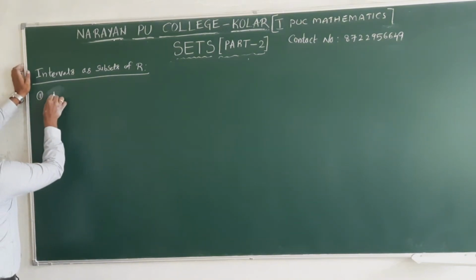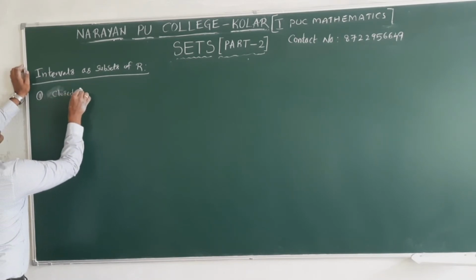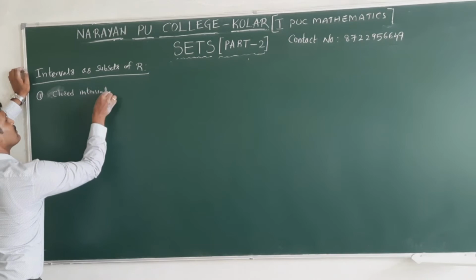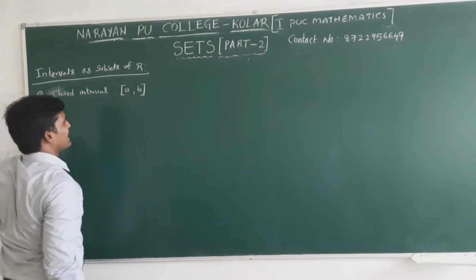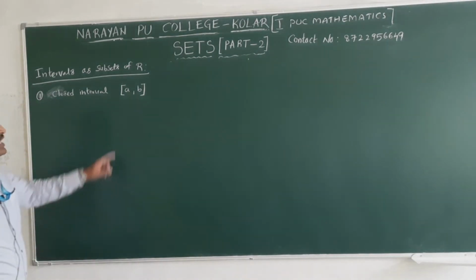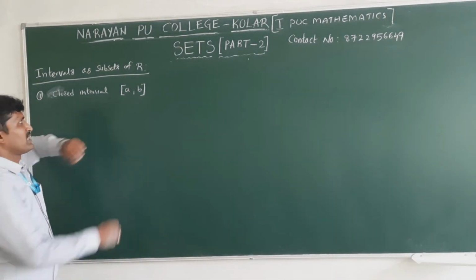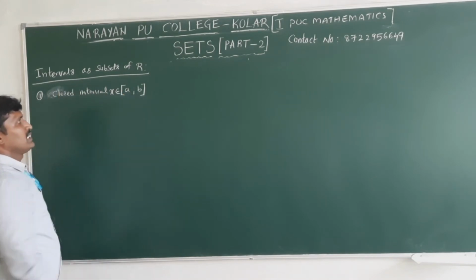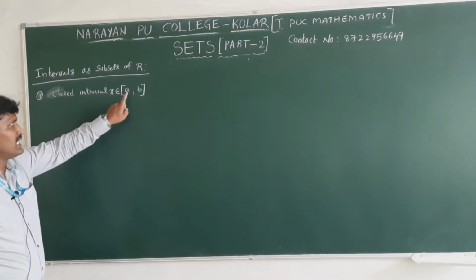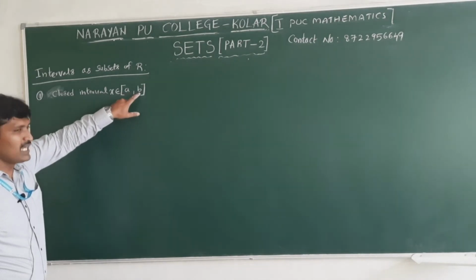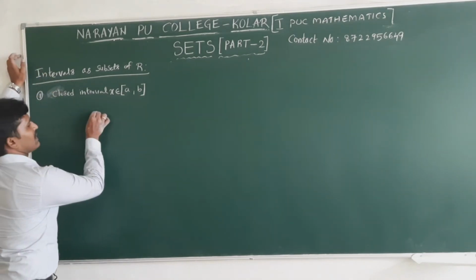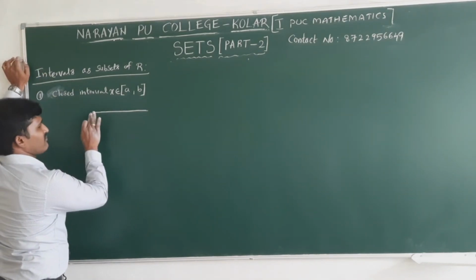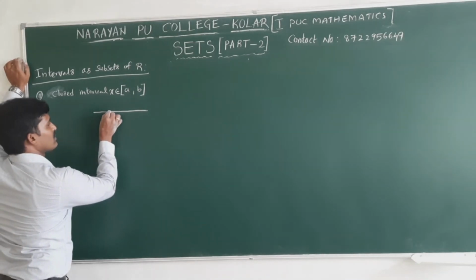Now, the first one, the closed interval [A, B]. What is the meaning of this? The element X belongs to [A, B]. In this, A is included, B is also included, and in between A and B is also included. On a number line, this is a real line from minus infinity to plus infinity.